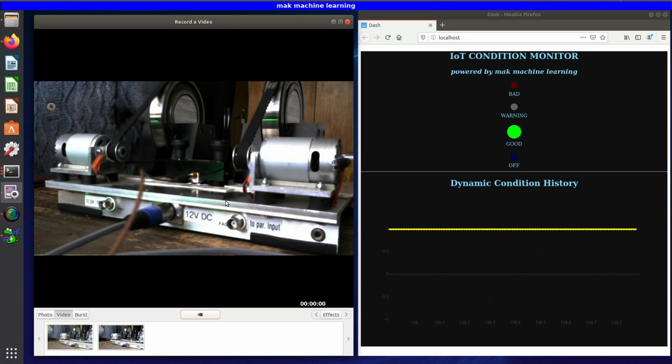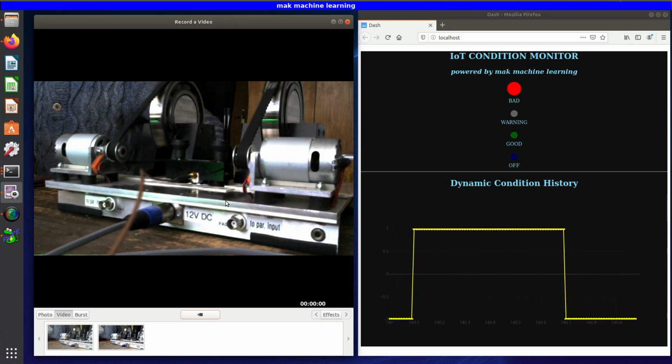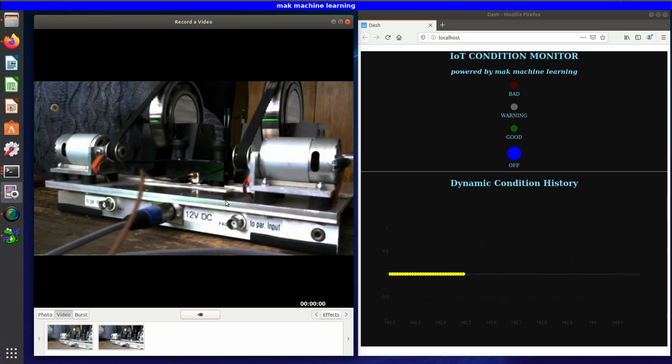However, we have to evaluate condition monitor performance over longer time periods.